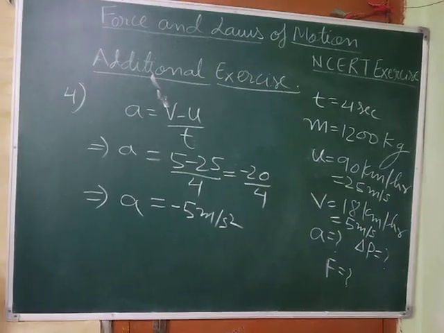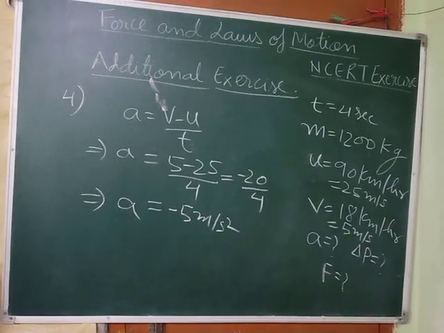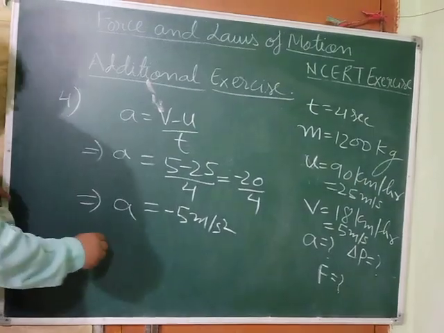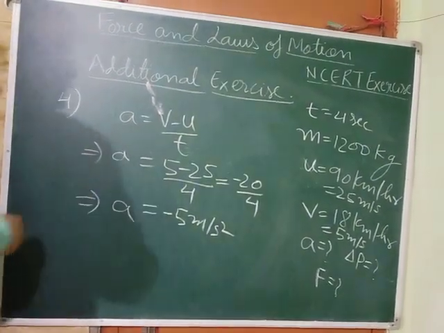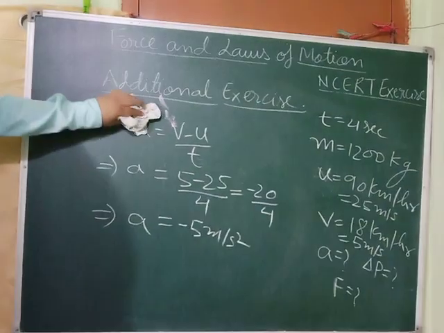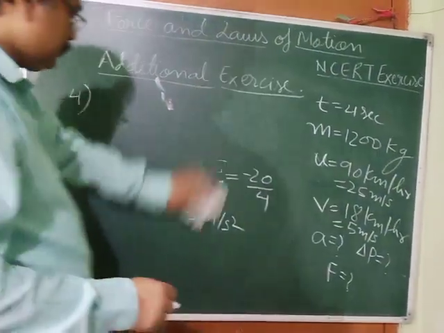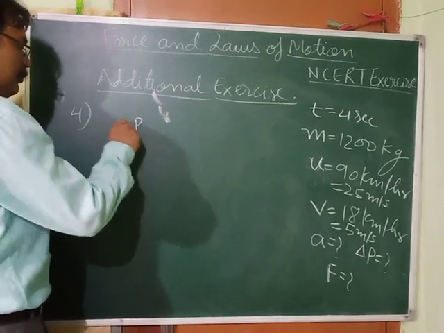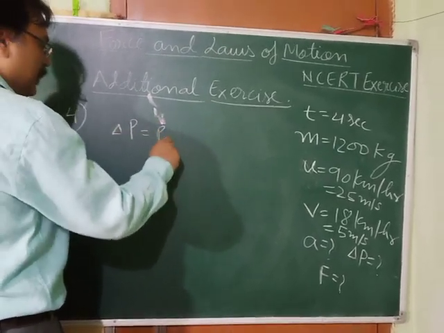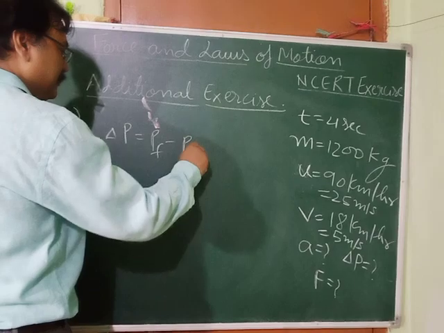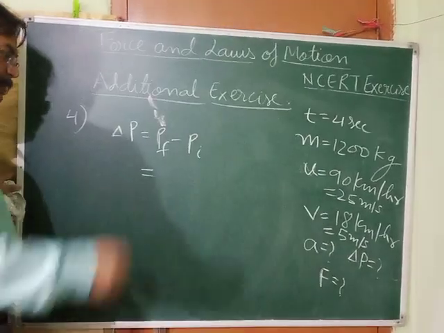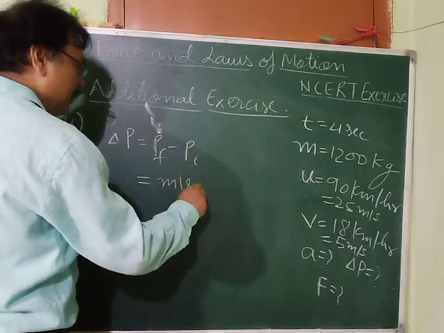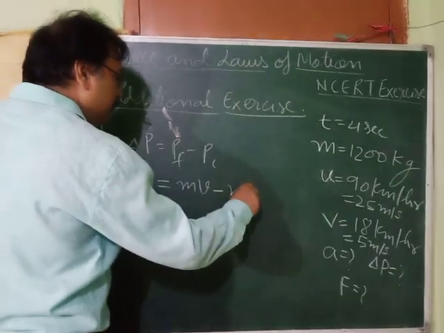Now we have to find out the change in momentum. Change in momentum means final momentum minus initial momentum. Final momentum is m into v, initial momentum is m into u.